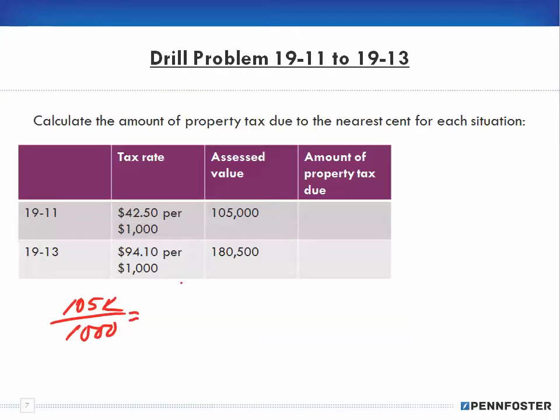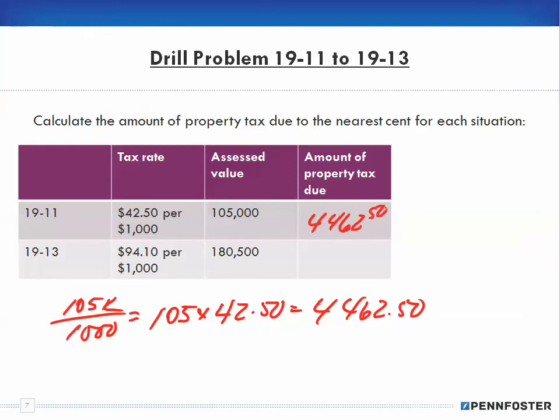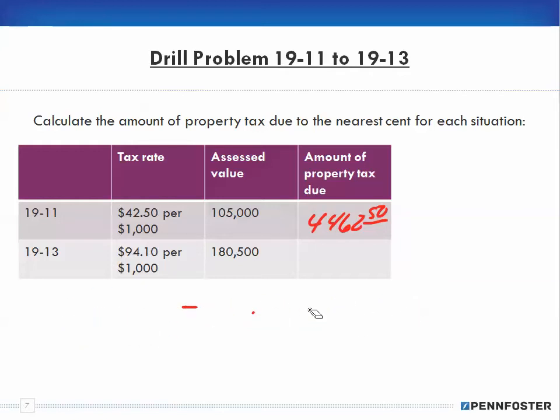That gives us 105. Then we multiply that by the rate of 42.50. That means the amount of the property tax due is $4,462.50.